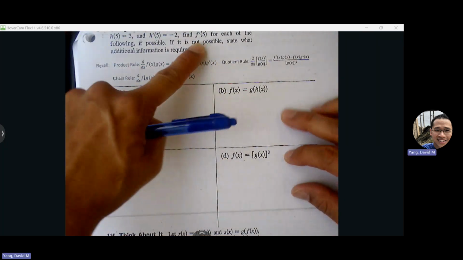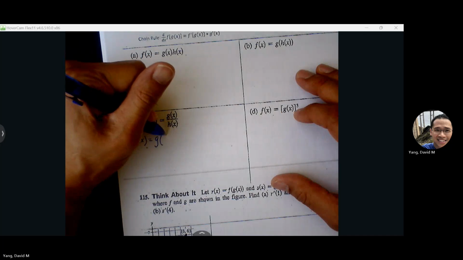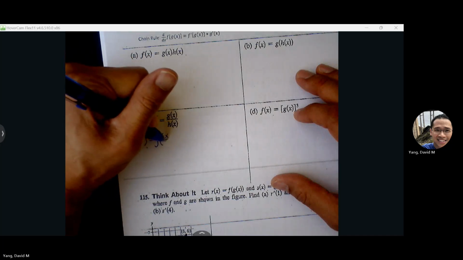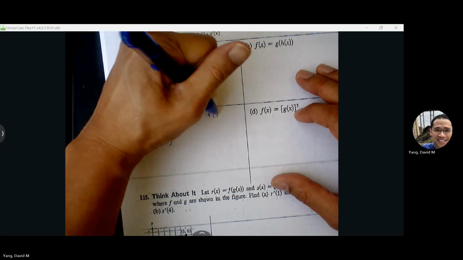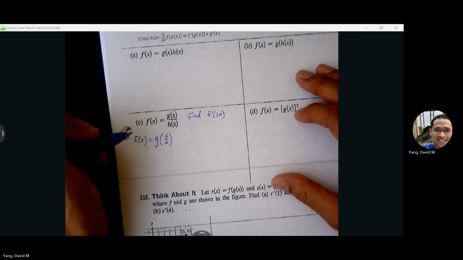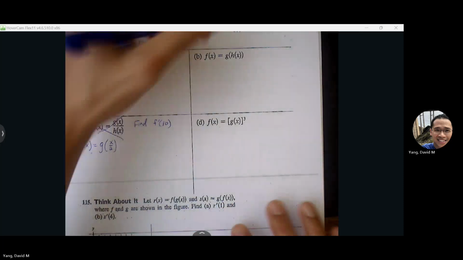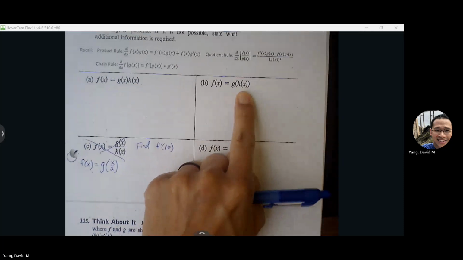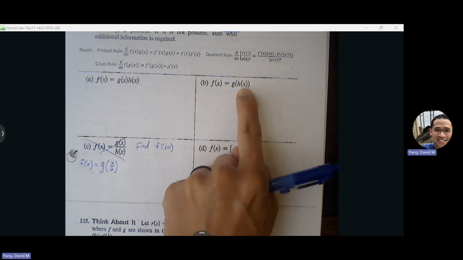Yeah, so for B and D, you're just finding f prime of 5 for each of these. So we should be able to look at this and recognize, okay, this is chain rule because there's only one x showing up, right?